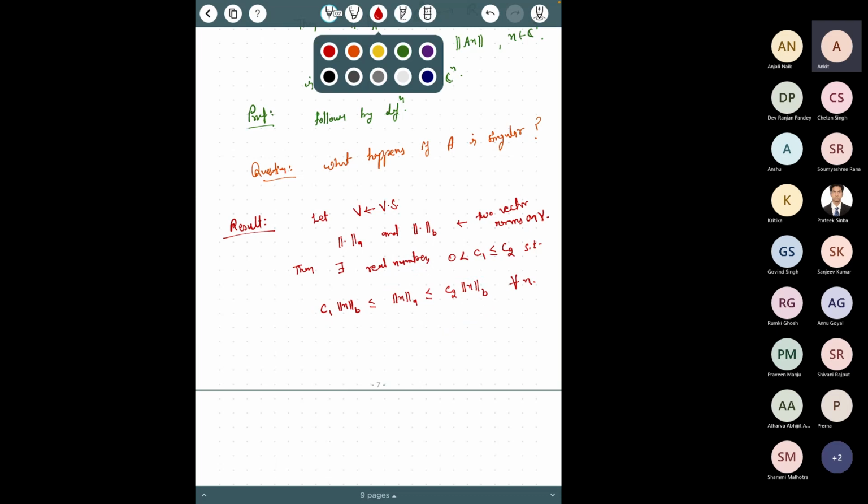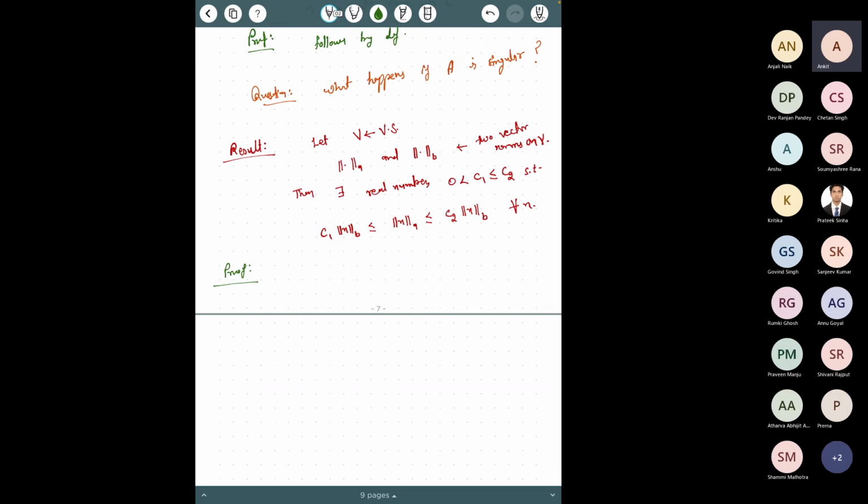Let us prove the result. I will simplify this proof so that it is very easy to understand. Before I start the proof, let me make an observation here. This V is a vector space, and it is a finite dimensional vector space. So let us fix a basis for this.